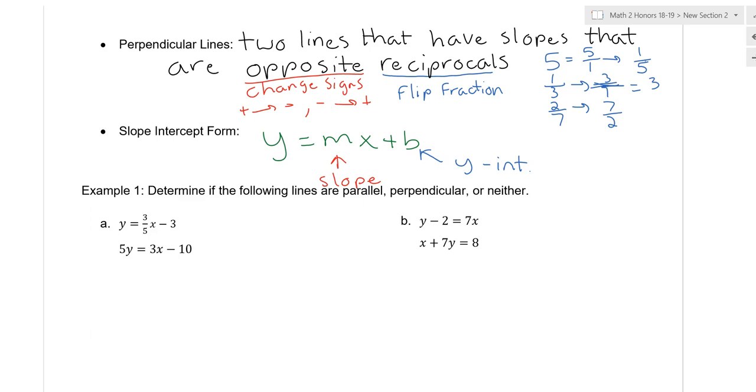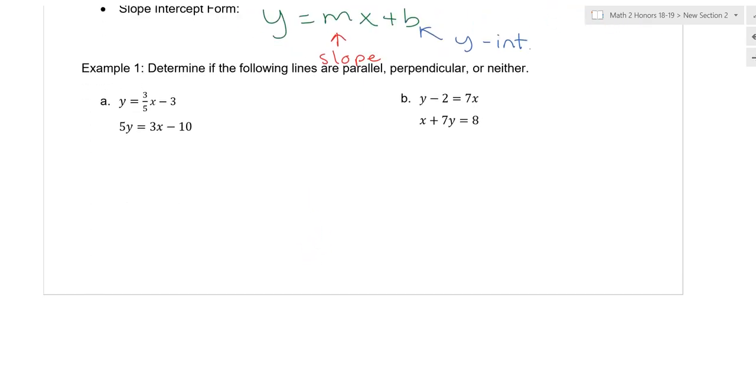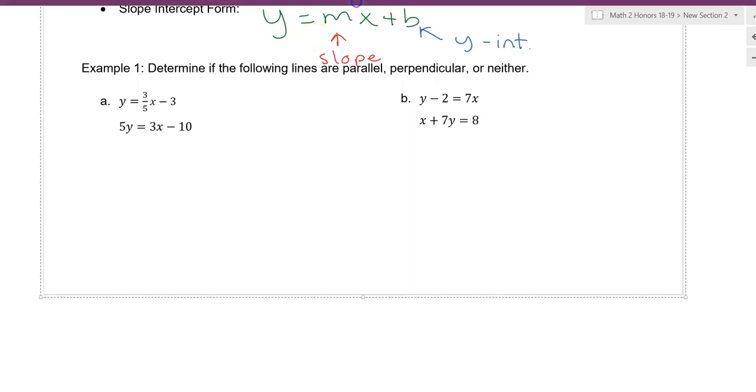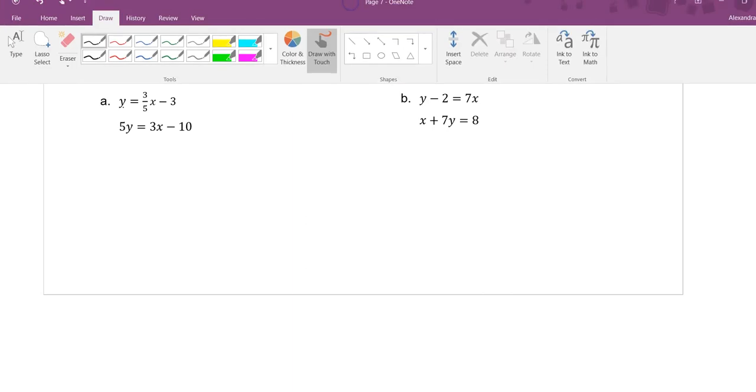All right, looking at example 1, determine if the following lines are parallel, perpendicular, or neither. Okay, so we have to find the slope. So we want it to be in the slope-intercept form. It has to look like y equals mx plus b. If we look at this first one, it's already there. I have y equals something x something. So I can pull out my slope right away.